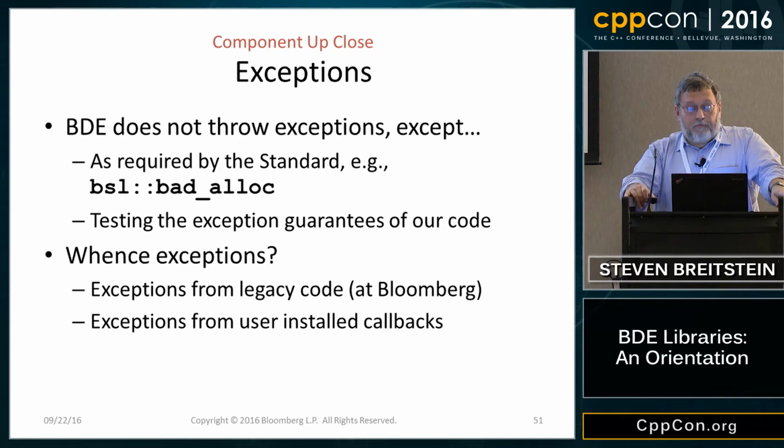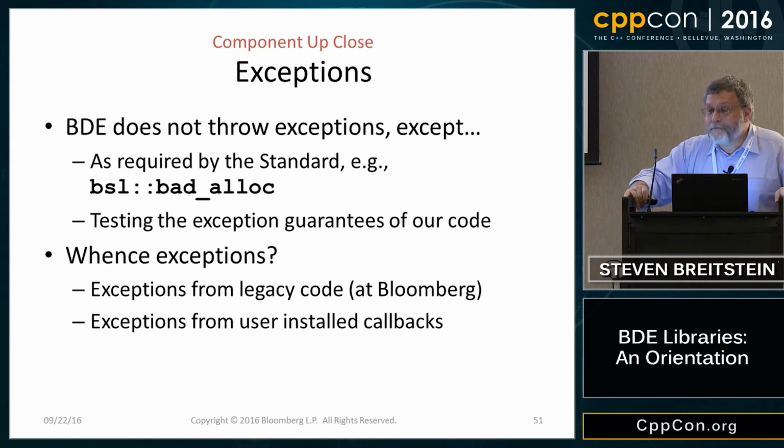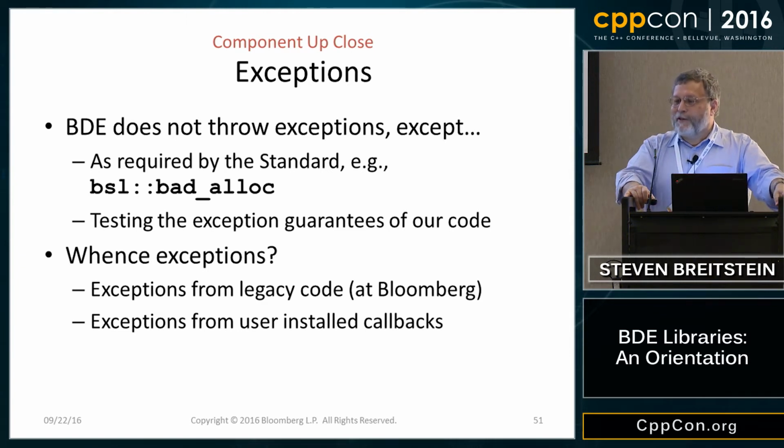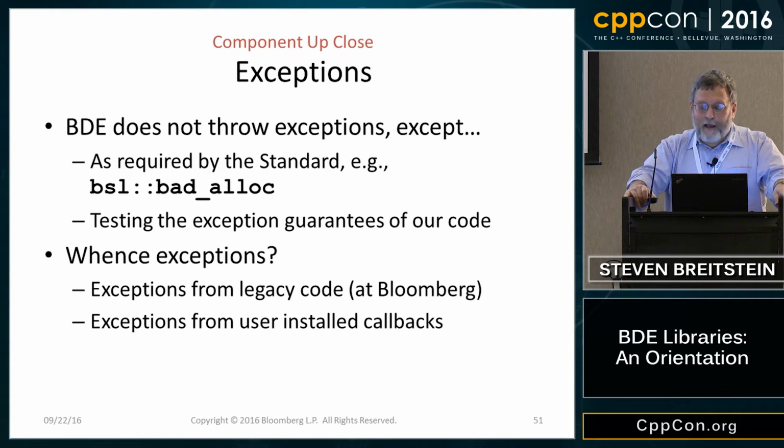We throw many exceptions in our test drivers, because when we say things are exception safe, it's not because we looked at it and said, hey, that looks safe, but we run tests on that to confirm that they are safe. And if we don't throw exceptions, where do they come from?